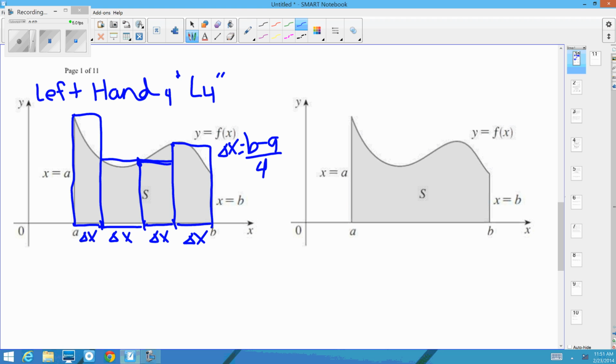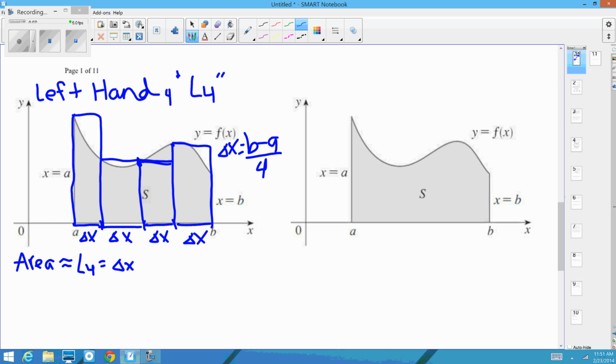So it's kind of close, right? Maybe some of this makes up for some of the white parts I have. So we could say that the area can be approximated by 4 left-hand rectangles here. And to find the area, that would be equal to the base times the height.